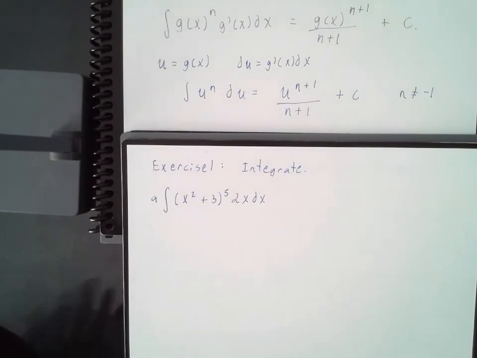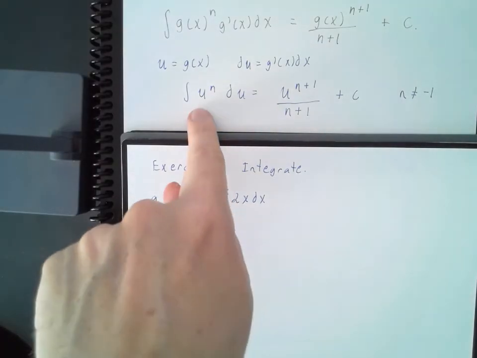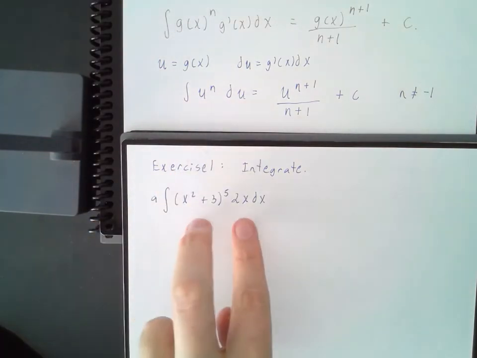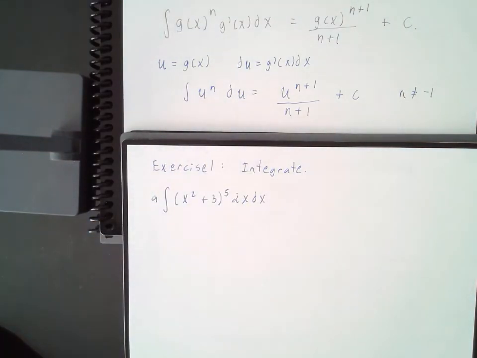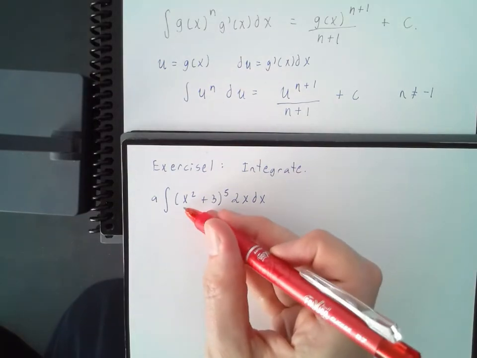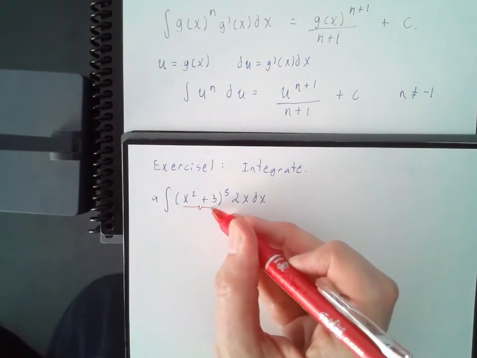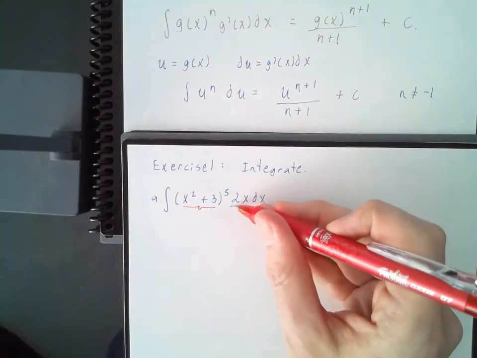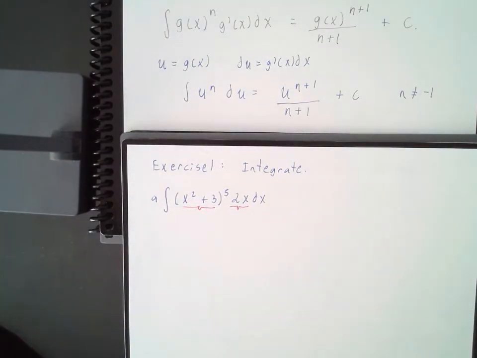So the one thing that the substitution rule is not telling you is what is the variable of substitution. So pretty much you have to scan your integral and see which function you're going to use as the substitution, and if the derivative of that function is somewhere else in the integral.